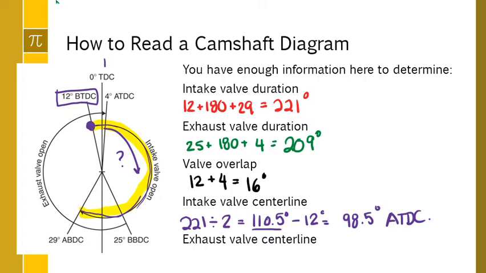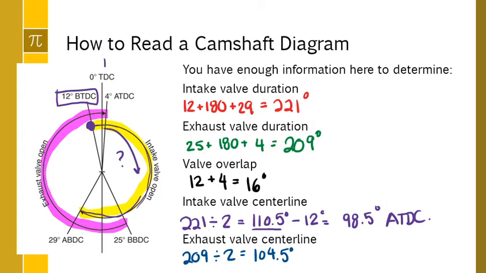Same deal for exhaust. We are going to take the duration, 209, divided by 2, and we get 104.5. That 104.5 is exactly in the center of this big pink swoop. But I want to know, and we're going to keep this relative to top dead center.